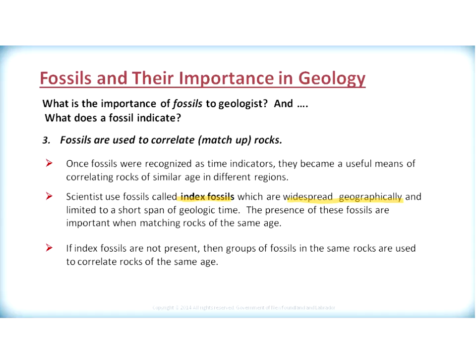Referring back to index fossils, it is important that you know that index fossils are widespread geographically. That means they're found over a wide geographic area, and they're also limited to a short span of geologic time. These are your two common points that highlight an index fossil.